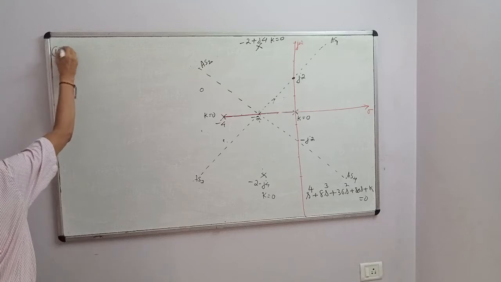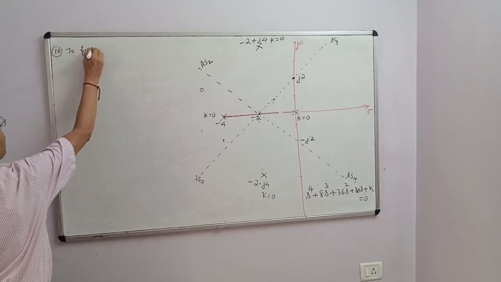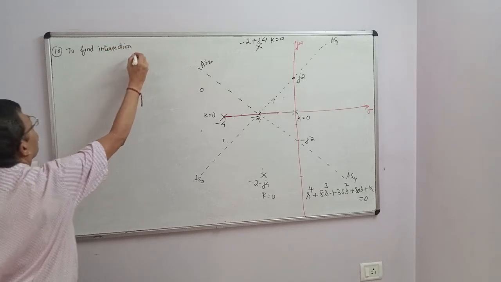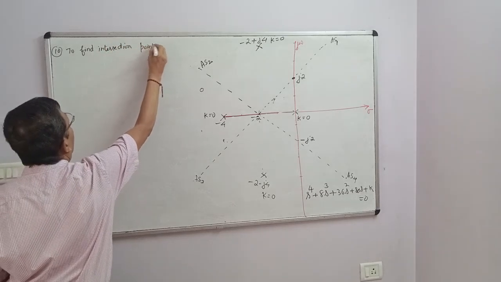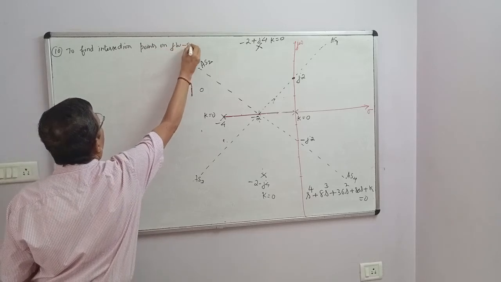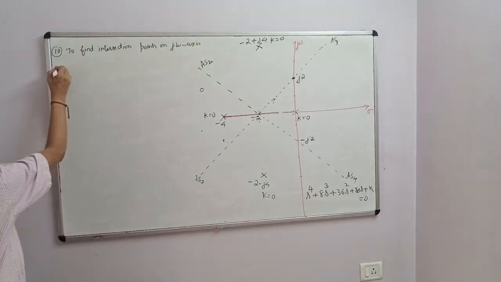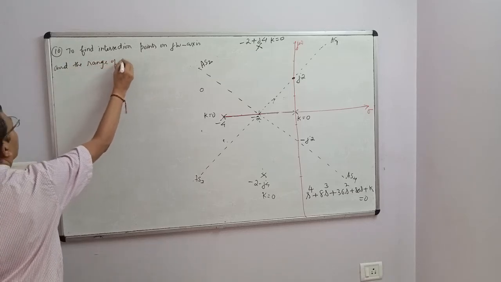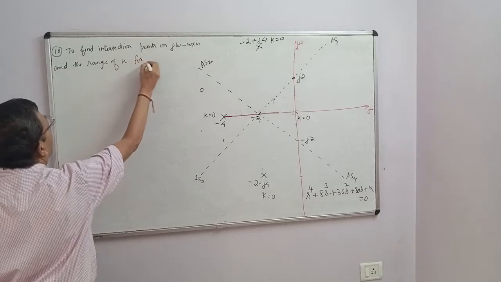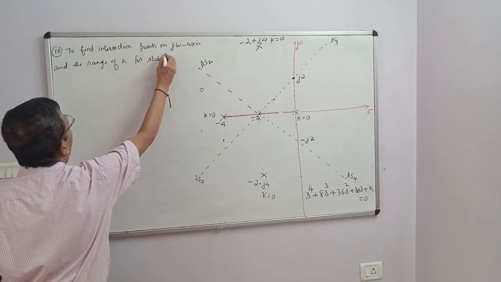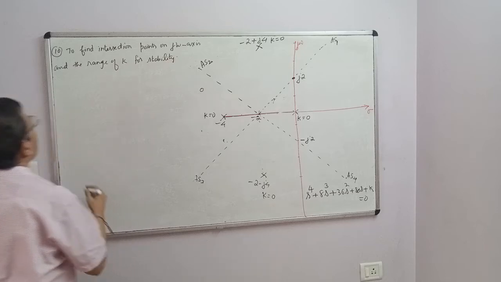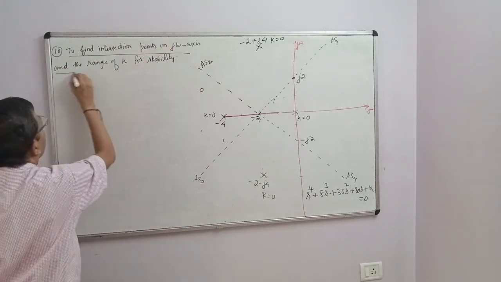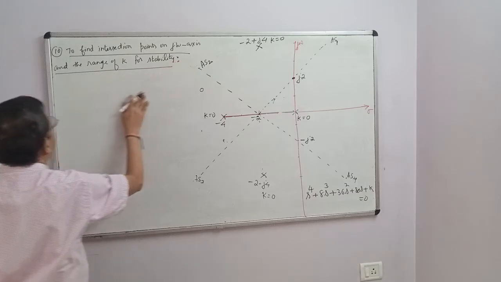Next step, to find intersection points on j omega axis and the range of k for stability.